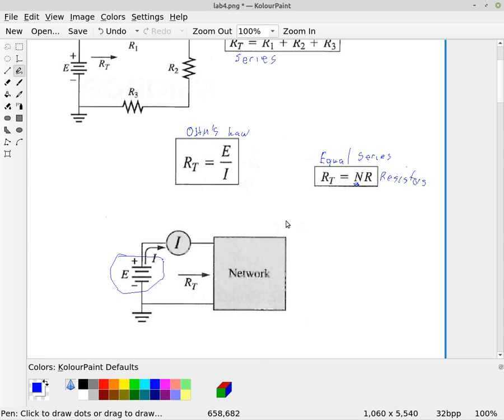So if we knew the current and the voltage, we could calculate the total resistance. Or if we've already calculated the total resistance from the equation up here and we know the voltage, then we can calculate the current through that series circuit.